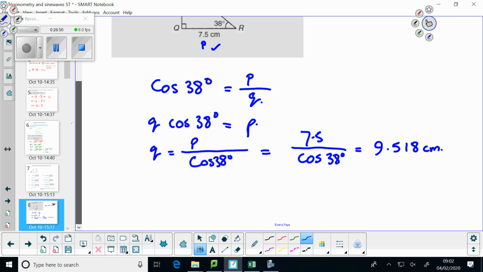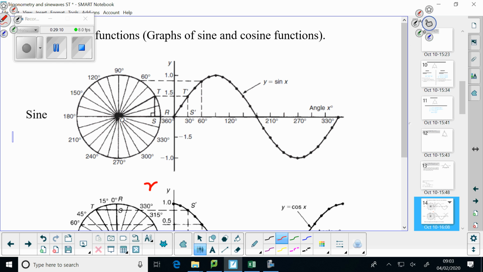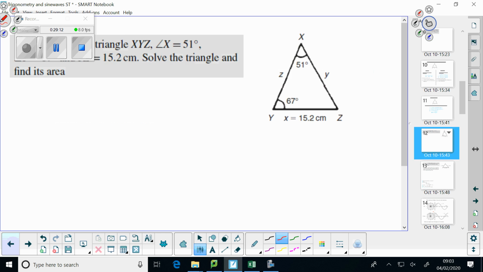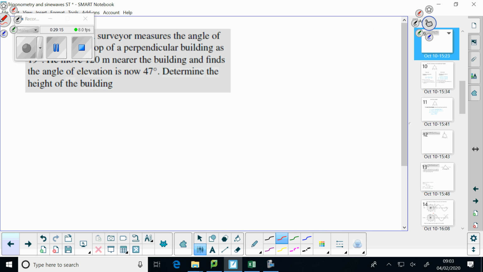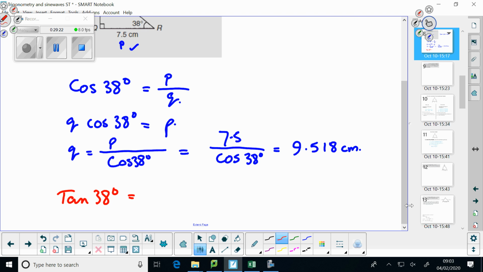So we can say tan 38 is equal to the opposite side, which is what we want to find, is it not? r over p.